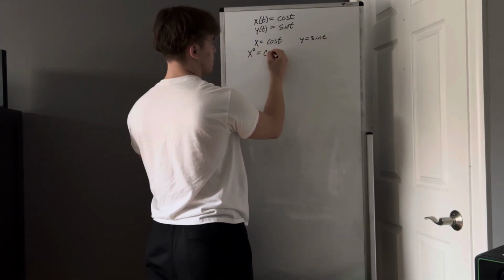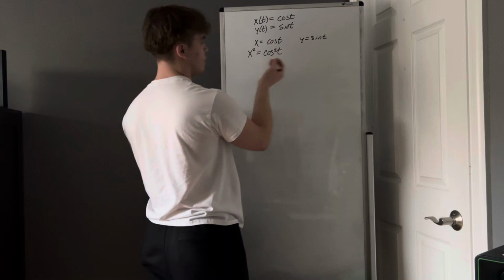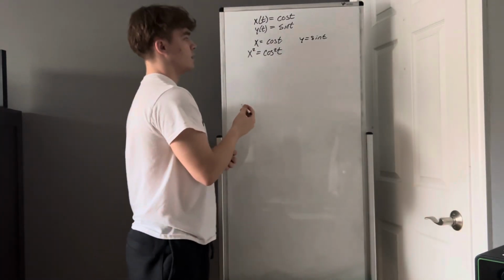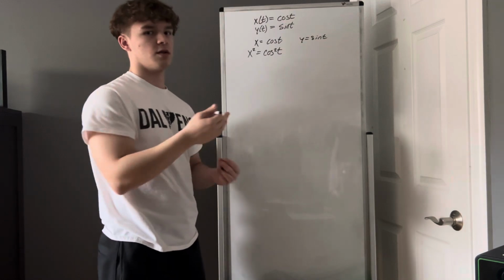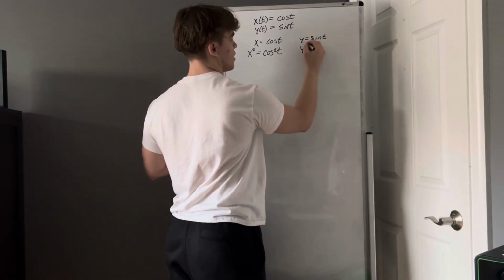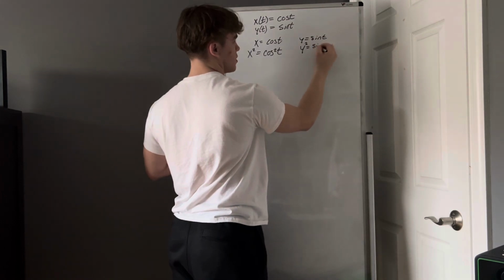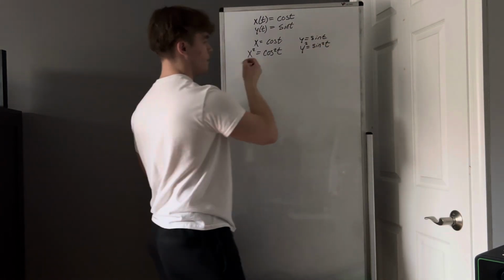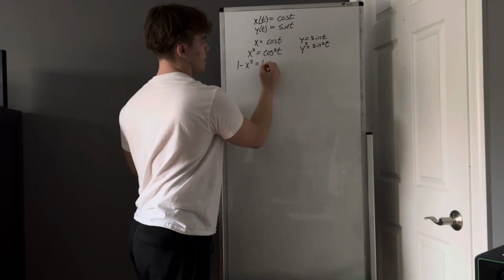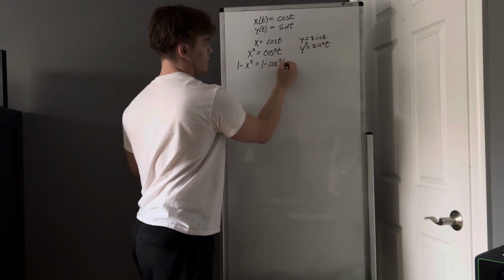We get x squared equals cos squared of t. And let's say we know that 1 minus cos squared equals sine squared. Let's just put this down to remind ourselves. y squared equals sine squared of t. 1 minus x squared equals 1 minus cos squared of t.